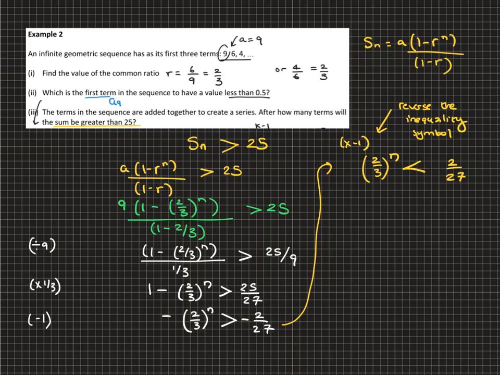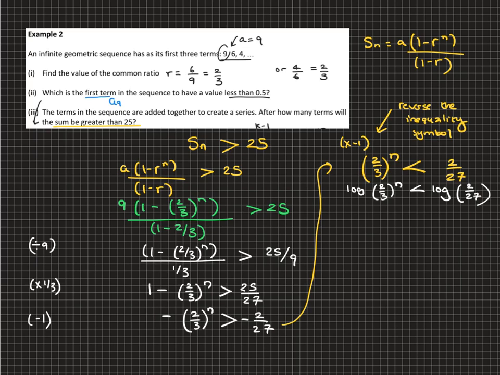So now let's take logs of both sides. Now again, this is a situation where I completely urge you to make sure you use log to the base 10 or ln. Don't try and use other logarithms. With an inequality, you could find yourself making errors very quickly. So log to the base 10 of 2/3 to the n is less than log to the base 10 of 2 over 27.